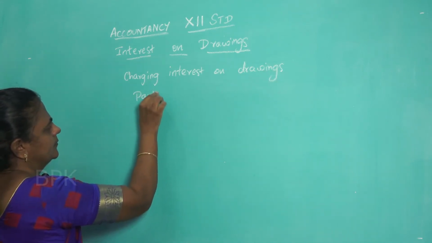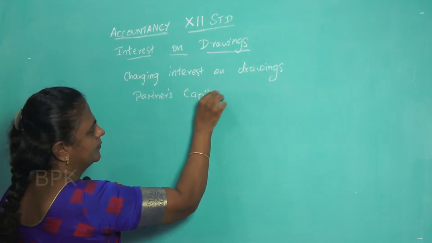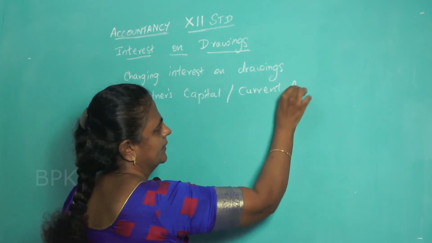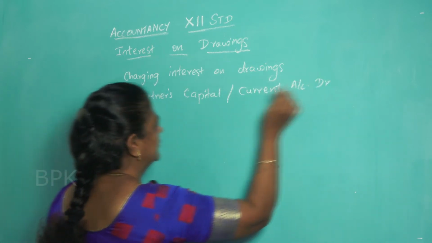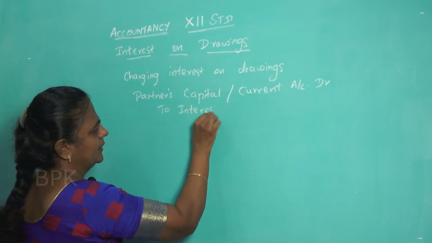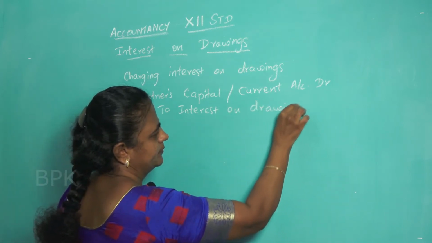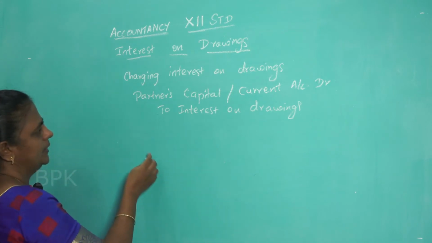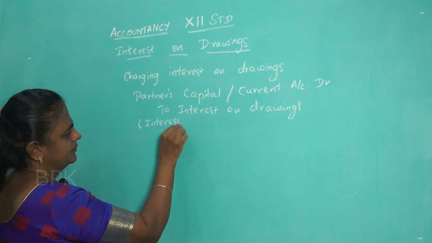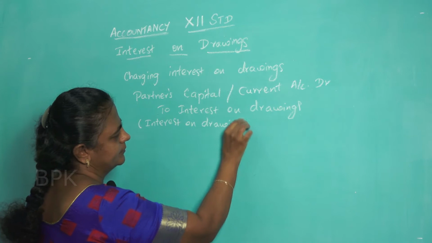Partners' capital or current account debit to interest on drawings. Narration: interest on drawings charged.